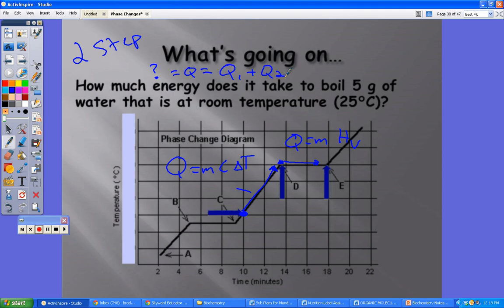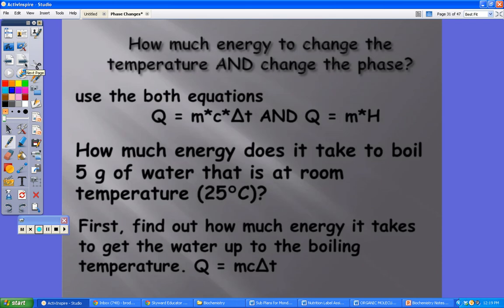From the question we can find the mass, and we find the C value from your worksheet with the constants on it, 4.18. Change in temperature, we're going from 25 here to 100 here, so that's roughly 75 degrees Celsius. When we start to map this out, we have this Q and this Q together.